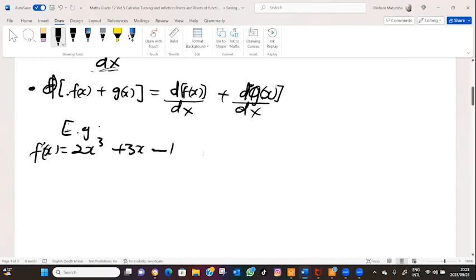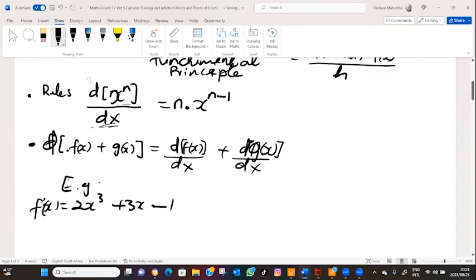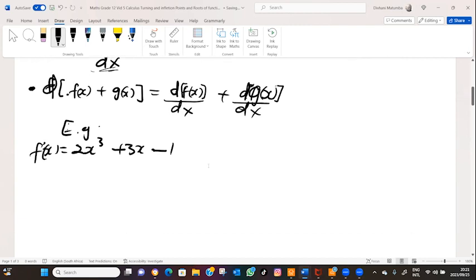Now, if we apply the first rule, if that's the equation, the derivative, which has that little symbol there, will be 3.